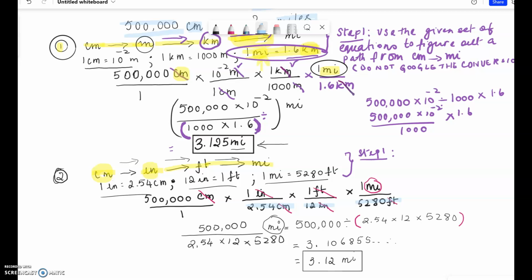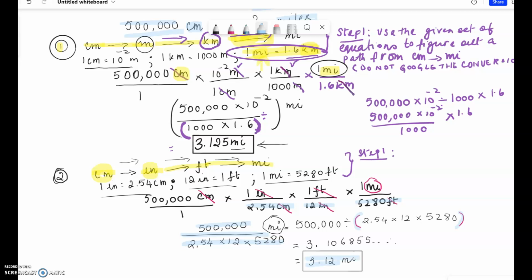So now, simplifying, we get 500,000 divided by 2.54 times 12 times 5,280. When you enter it into your calculator, make sure that you have parentheses around the entire denominator. So you go 500,000 divided by, in parentheses, 2.54 times 12 times 5280.